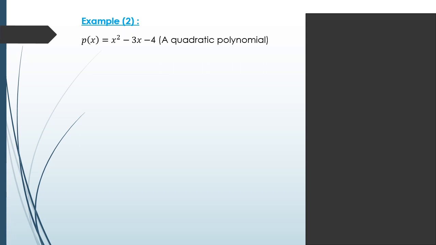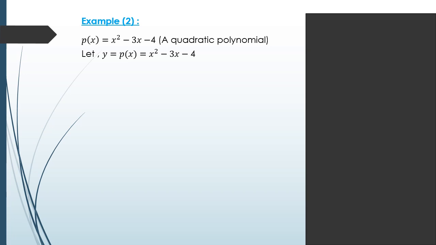Once again, we are going to follow the similar procedure. So for that, we will draw the graph of this polynomial by considering that the value of p of x, whatever we get, that value we will consider as y. So we will say y is equal to p of x is equal to x square minus 3x minus 4. What does it mean?